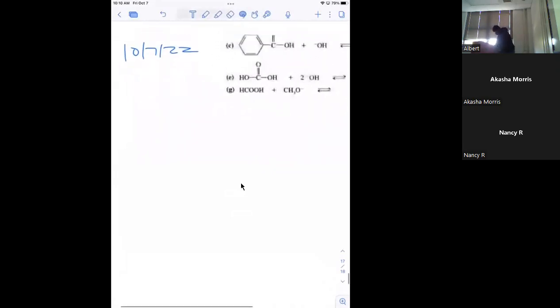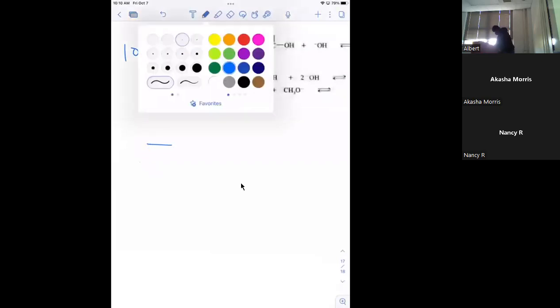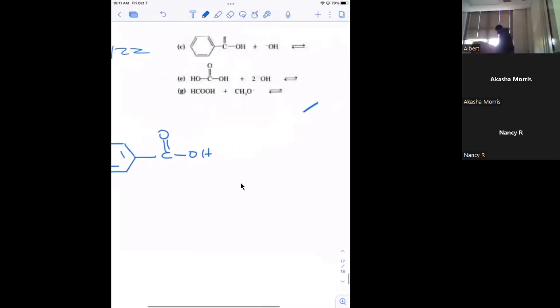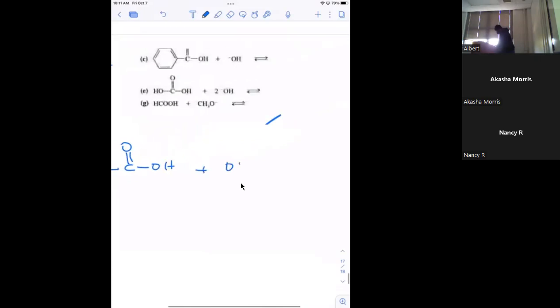So that's my acid, and then my base is OH minus, it's a hydroxide ion.